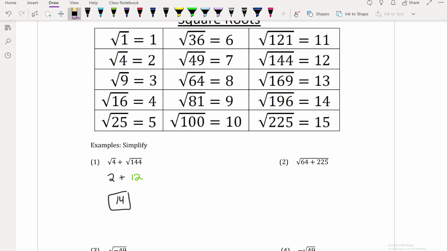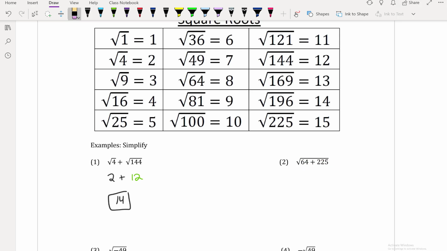Now, what's different for number 2 is that underneath the square root we have the 64 and the 225. Notice how in number 1 there are 2 different square roots. In number 2 there's only 1.